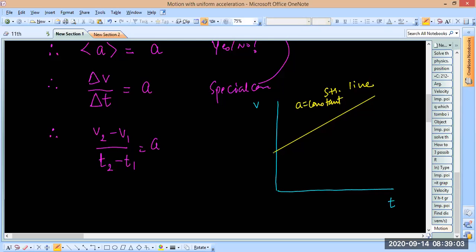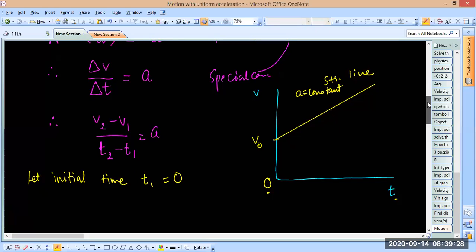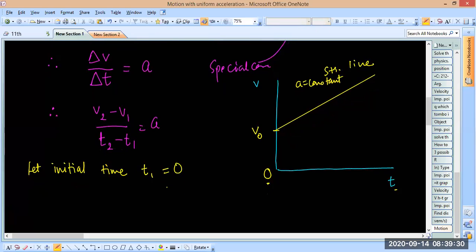So I'm saying that suppose when time is 0, the velocity is v0. I repeat, suppose when time is 0, velocity is v0. So let initial time t1 be equal to 0. We can start our watch or clock at any time.